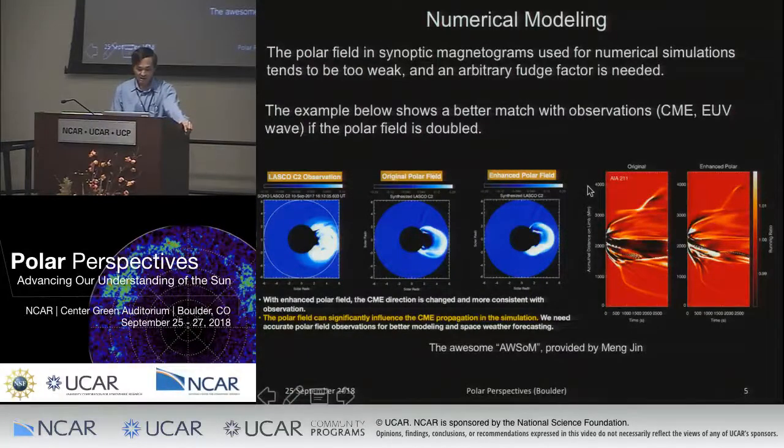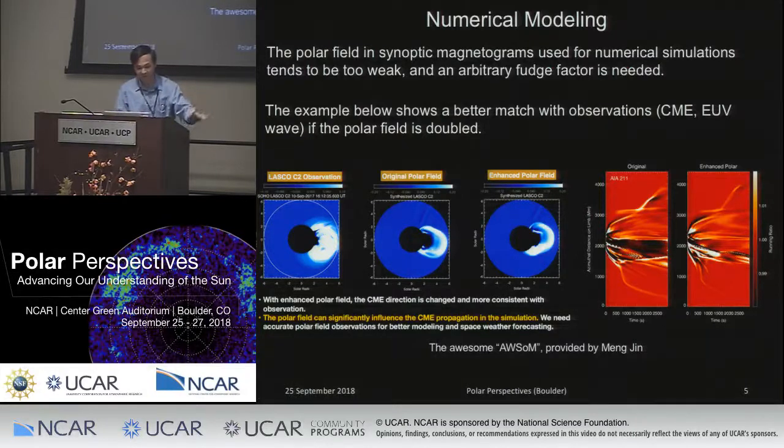And in recent years, I was really amazed by the progress of numerical models. I previously didn't trust any of these things, but now I'm really looking at them. But based on those models, people say that the polar field is too weak, and introduce some arbitrary fudge factor, and maybe the magic number is 2, as I was told.